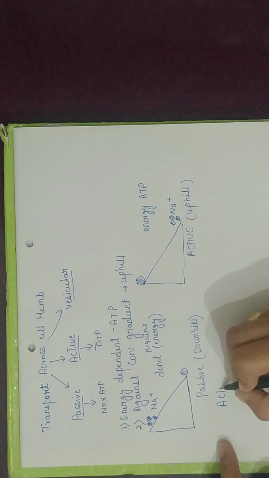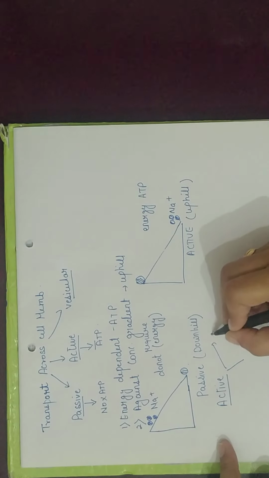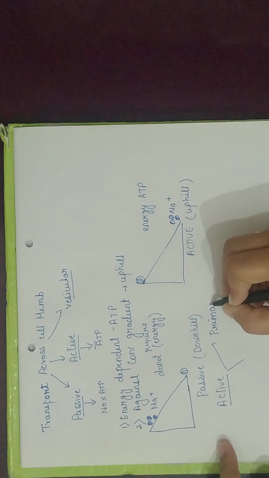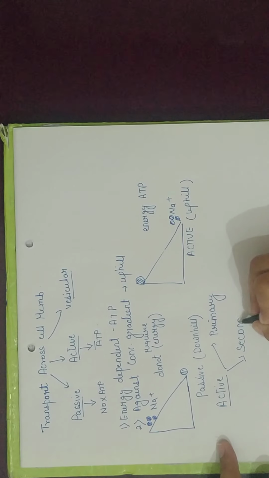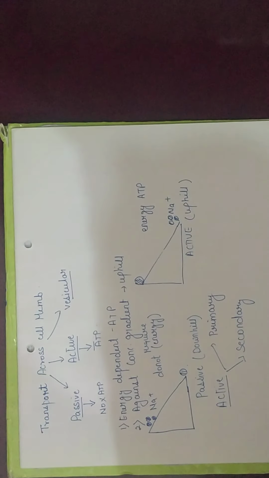Active transport can be divided into two, that is primary active transport and secondary active transport. Today we will discuss primary active transport.